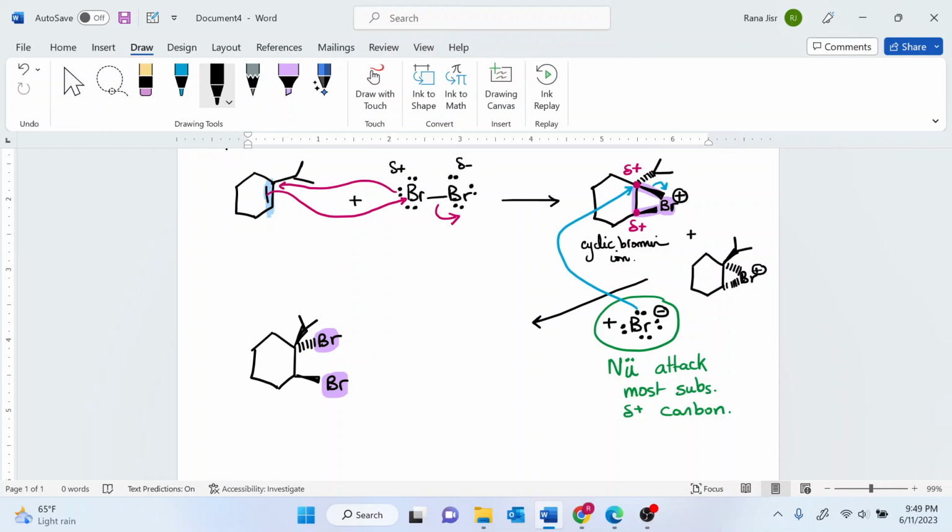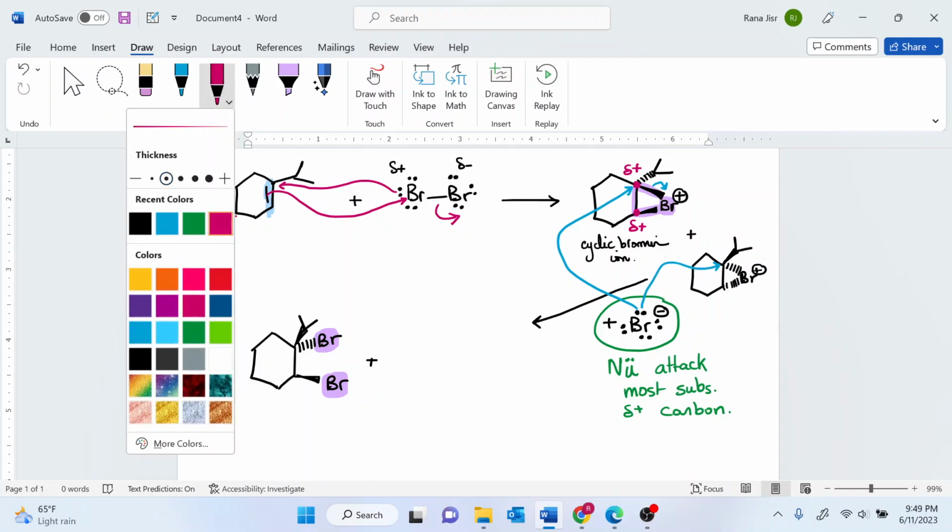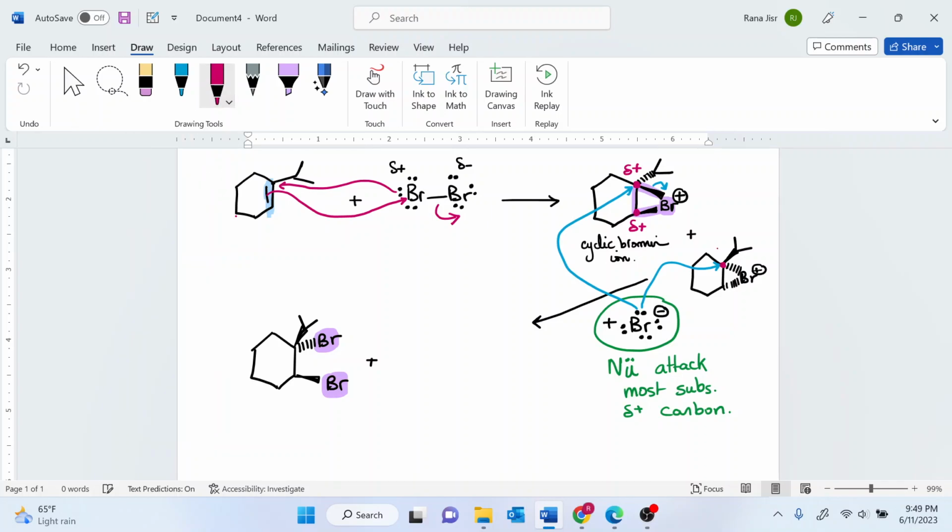So that is going to be your first product, plus the other. The other attack is going to be for the other stereoisomer, still on that same carbon in there, because we agreed that this is the carbon which is the most stable carbon because it is the most substituted partial positive carbon, and the nucleophile attacks the most substituted partial positive carbon, and the bond here is going to open up.